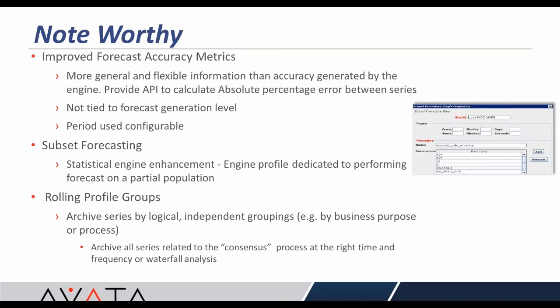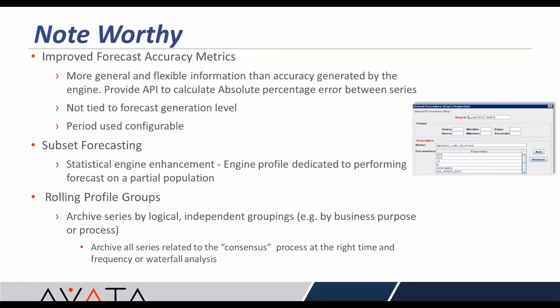And part of that might have been because of some of the limitations prior to this enhancement. But with this, they've enhanced the formula for the forecast accuracy. It's much more flexible, and you can calculate it. It's not tied to the forecast generation level. So it actually is a lot more usable to use the seeded forecast accuracy method within Demantra.